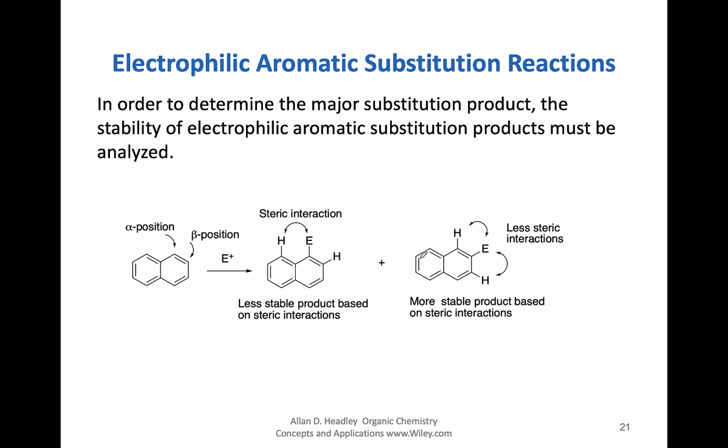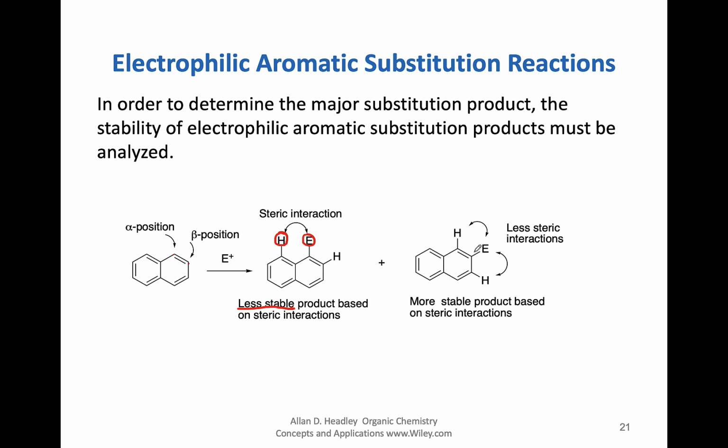To do that, we'll have to look at the stability of the products. So if we have a substitution here, there is steric interaction between this alpha hydrogen and this substituent E, which makes that not very stable.